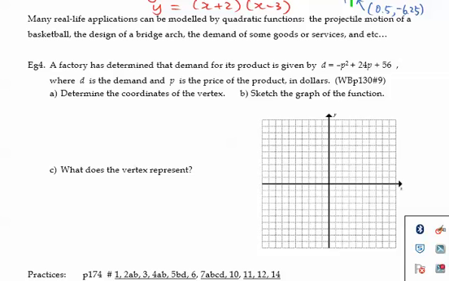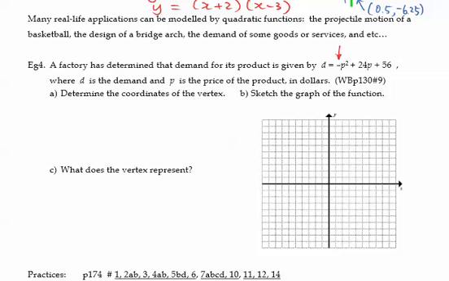And when you think about it, it makes sense when we are talking about business. The higher the price, the lower the demand. People don't want to buy it if the price is too high. And that's why we see a quadratic that opens downward.